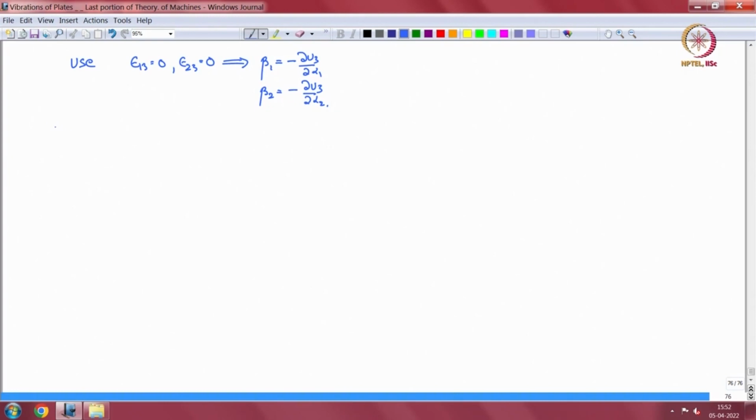So if we now substitute it back, what do we get? We get minus D ∂⁴u3/∂α1⁴ minus D ∂⁴u3/∂α2⁴ minus twice D ∂⁴u3/∂α1²∂α2² plus Q3 is equal to ρH ü3.